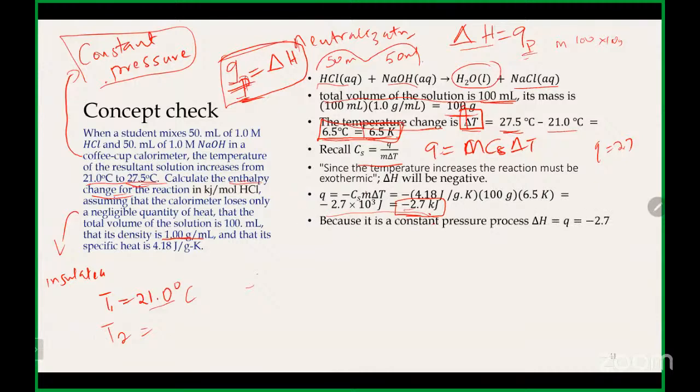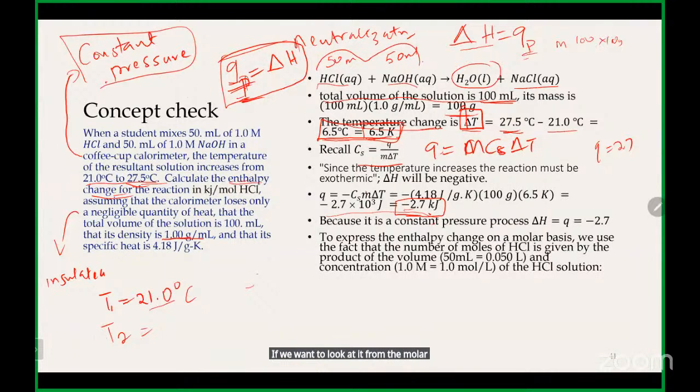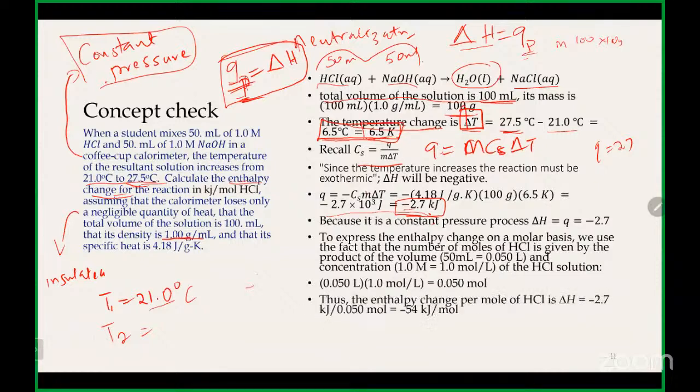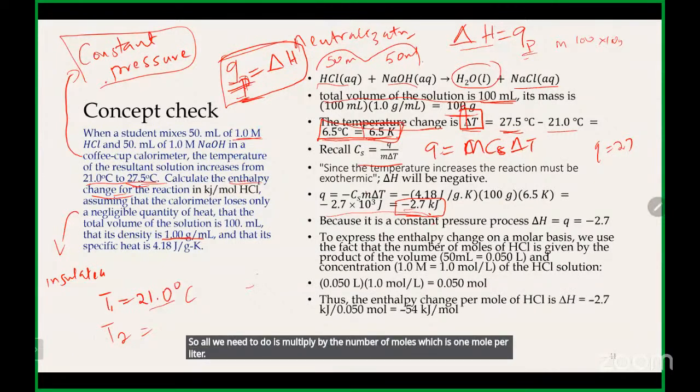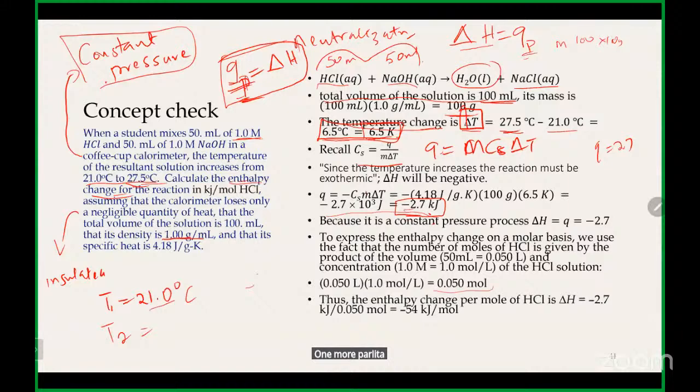If we want to look at it from the molar perspective, calculating the molar heat given off, all we need to do is multiply by the number of moles, which is 1 mole per liter. 1 mole per liter in 50 mL contains 0.050 moles.